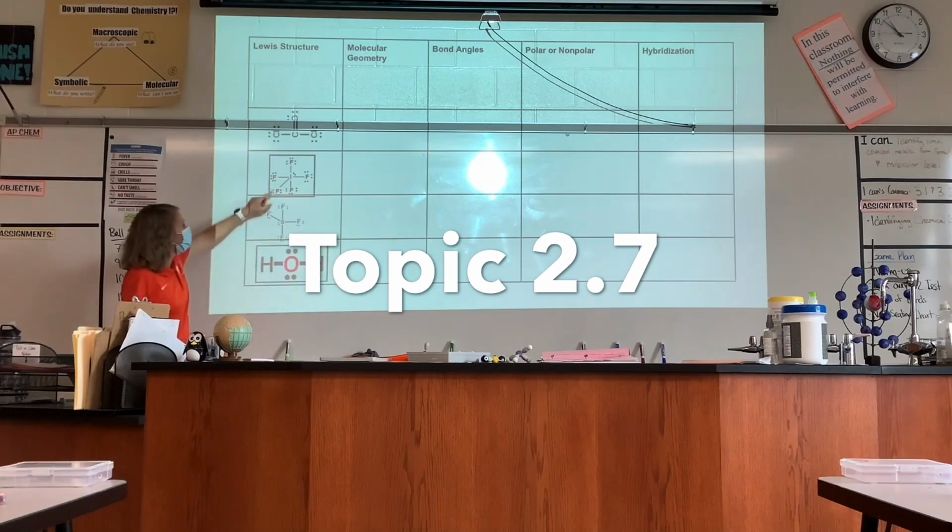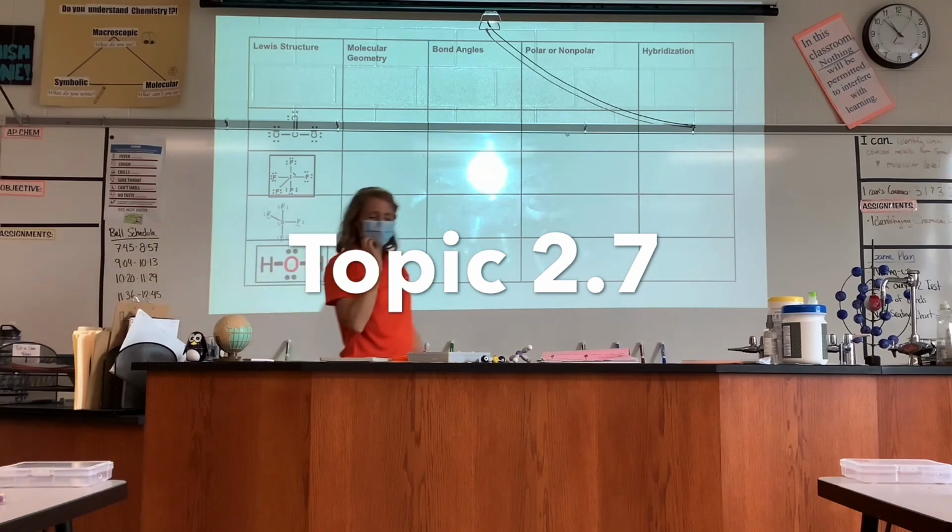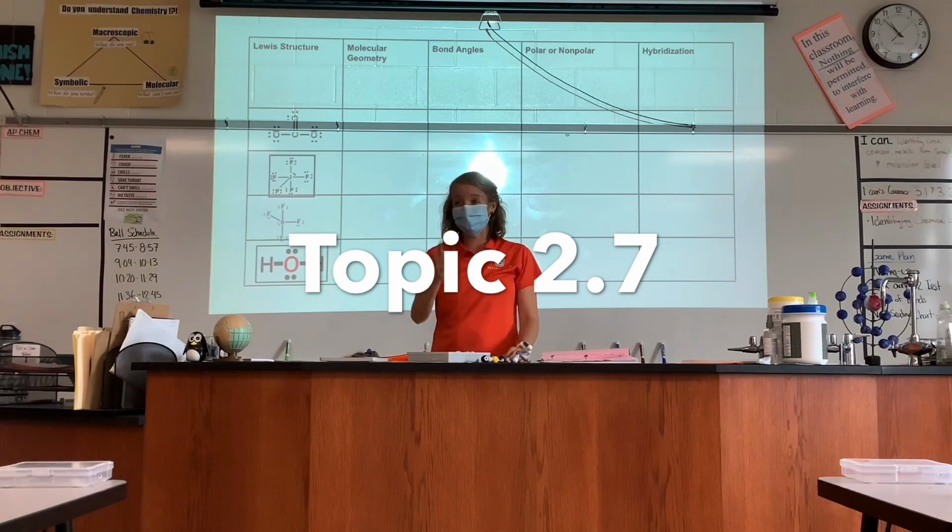Okay, show me your vote. Thumbs up or thumbs down for this guy? Polar or non-polar? Interesting, we're split. But it's polar. So this is where visualizing the shape and getting the shape right is key.